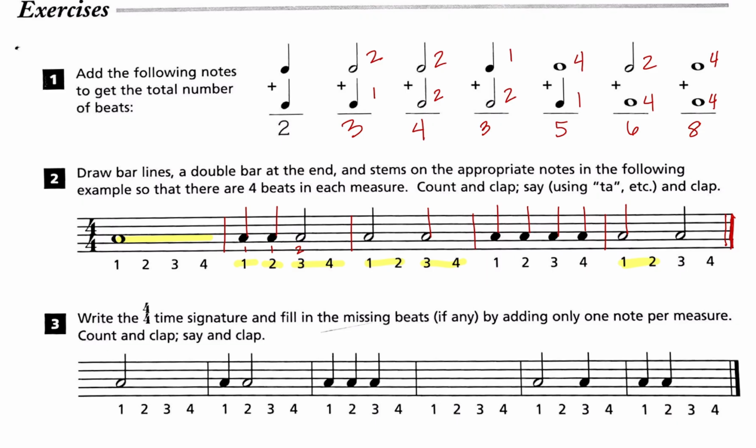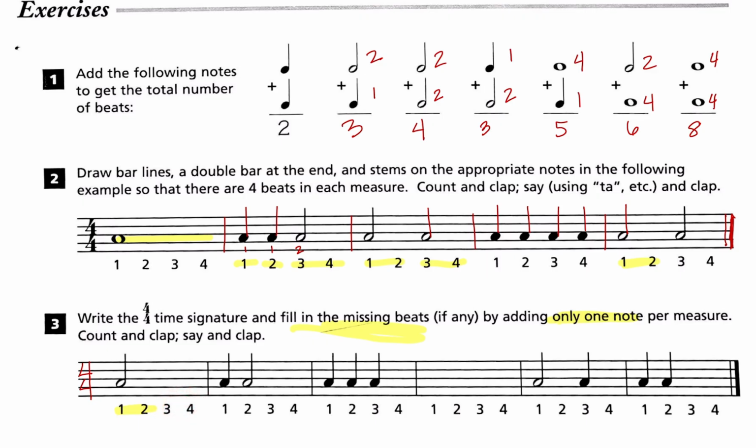Okay, on number 3, it wants us to start by writing a 4/4 time signature. And then it wants us to complete each measure, filling in any missing beats by adding only 1 note. So we know that this half note is going to get 2 beats, which is leaving us 2 more beats left over.